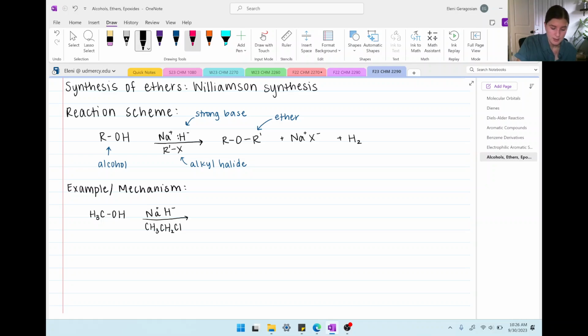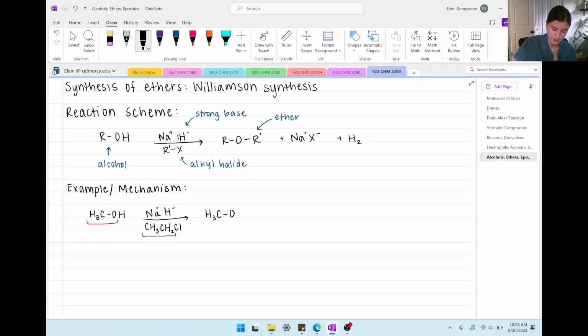So if we just predict the product here, our alcohol, the R group on the alcohol is a methyl. And when we write the product, we contain in the ether the R group from the alcohol and the oxygen. And that gets bonded to the R group from the alkyl halide without the halogen.